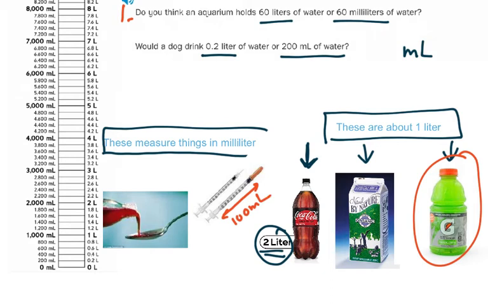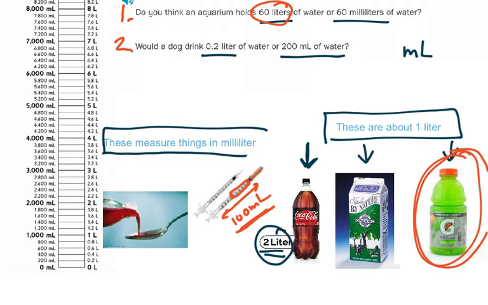So which one makes sense? 60 liters, 60 of the Gatorade size, or less than this syringe? Go ahead and say it out loud. Obviously, 60 liters. This much water wouldn't do very much in an aquarium.